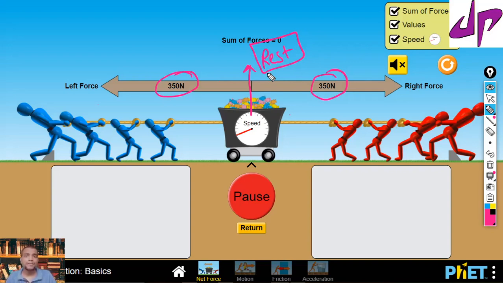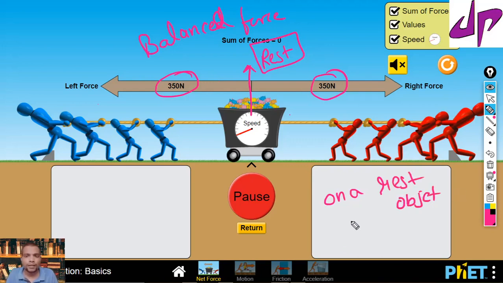Why? Because even though force is applied on the cart, that force here is a balanced force. So if a balanced force acts on a rest object, then the object will be at rest and will not change its state.